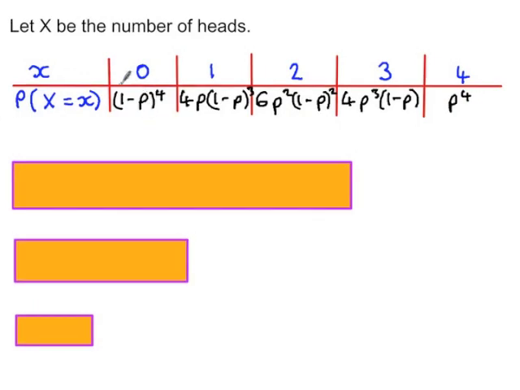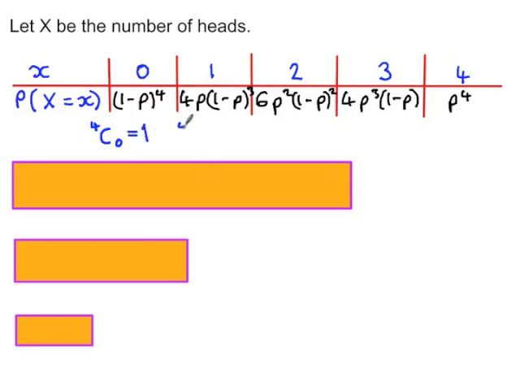You may have noticed that these coefficients 1, 4, 6, 4, 1 are directly linked to the number of coins and the number of heads we're trying to achieve each time. If we have 4 coins and we want to choose 0 heads, then there's only one way that we can do that.